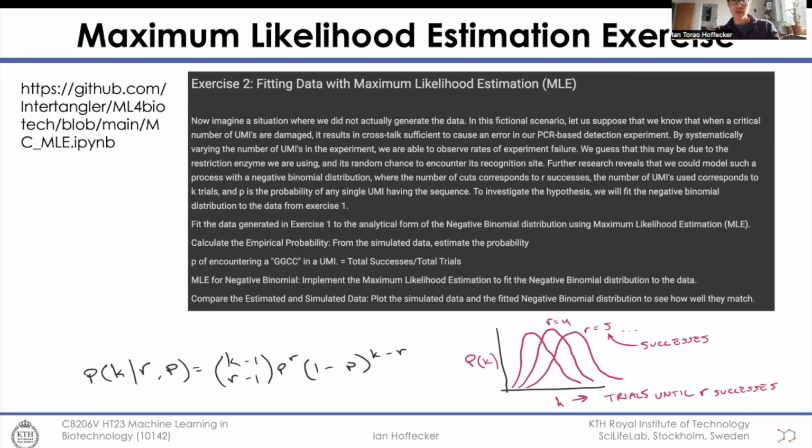The way we can do this is by performing the maximum likelihood estimation method. What we're going to do is make a function that computes the negative log likelihood for this distribution. We have this distribution function in the code that I've set up in the GitHub. You have already set up the distribution function for this Pascal or negative binomial distribution.